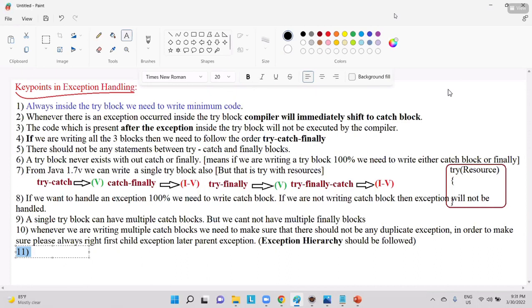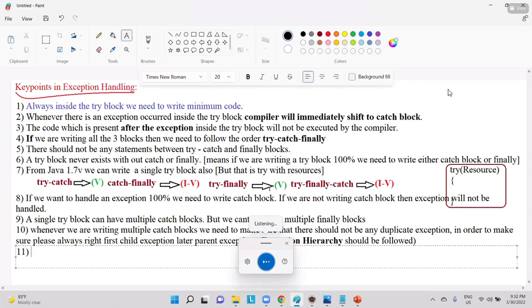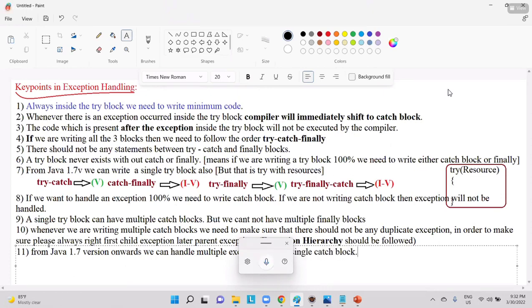Guys, actually, from Java 1.7 version onwards, we can handle multiple exceptions by a single catch block.